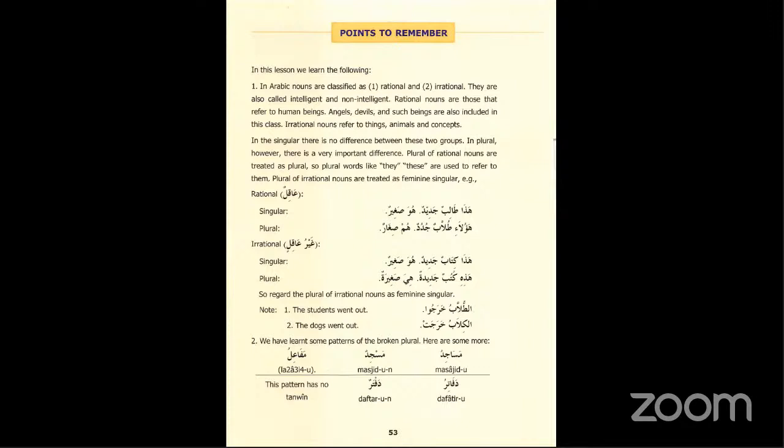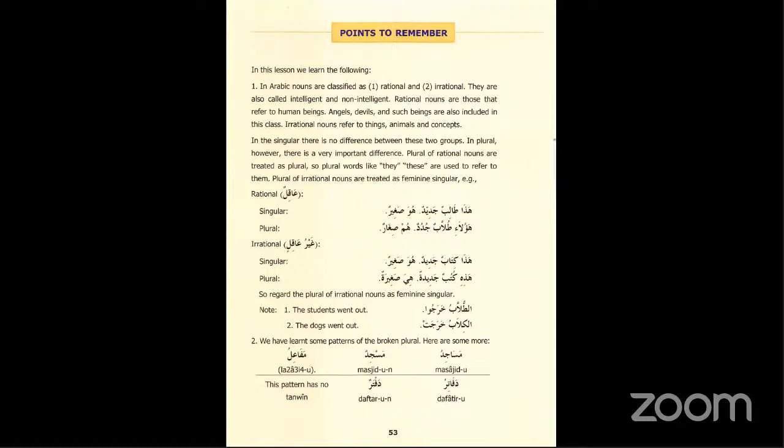The plural of that would be ha'ula'i tullabun judud hum sighar. So the irrational, or ghayr aqil, singular will be hadha kitabun jadidun huwa saghirun. And the plural of that would be hadhihi kutubun jadidatun hiya saghiratun.